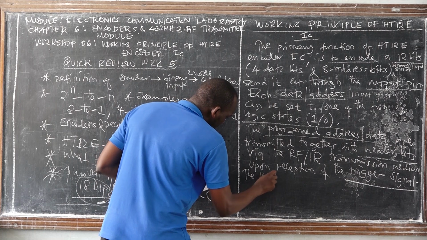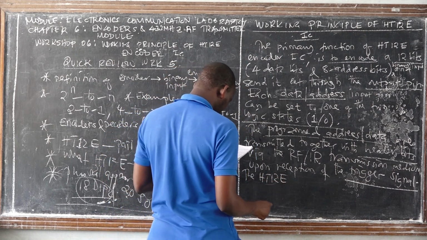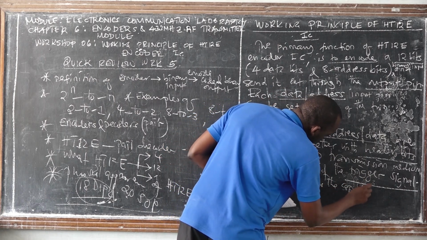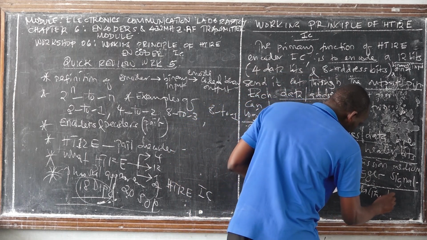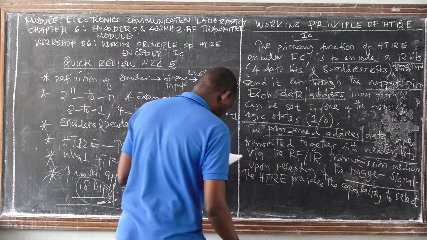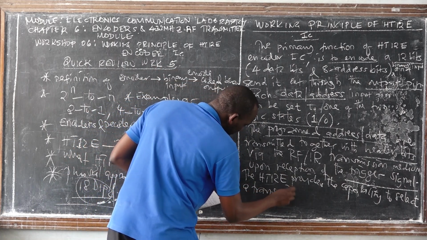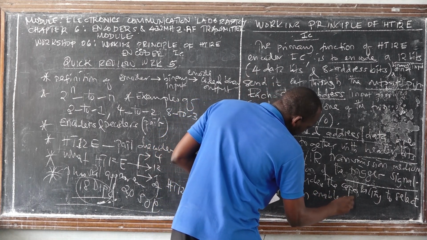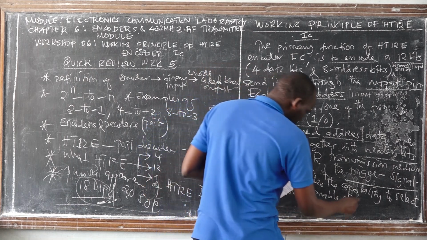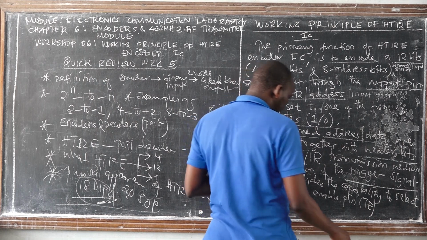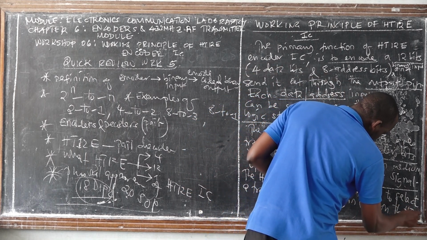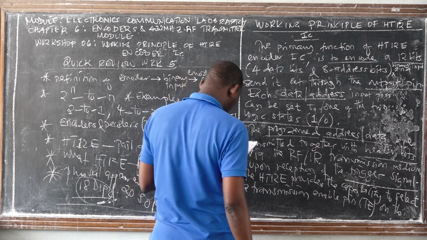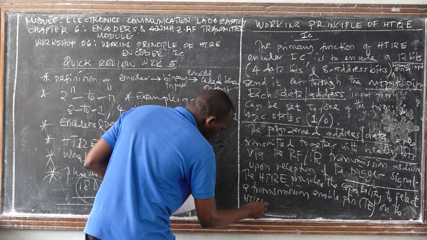So the HT12E provides the capability to select a transmission enable pin, which is TE on the HT12E encoder.